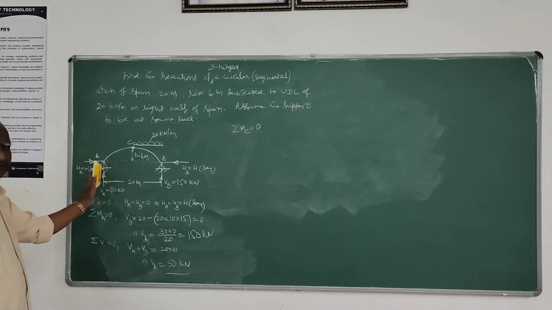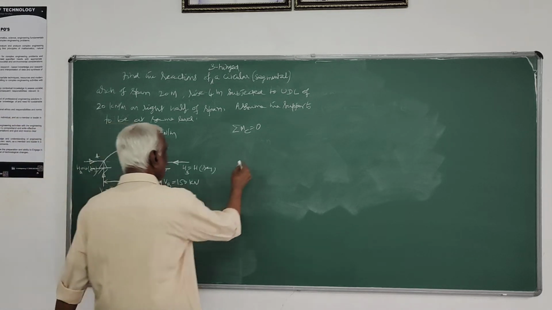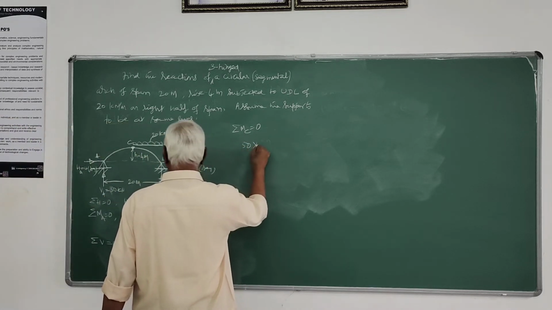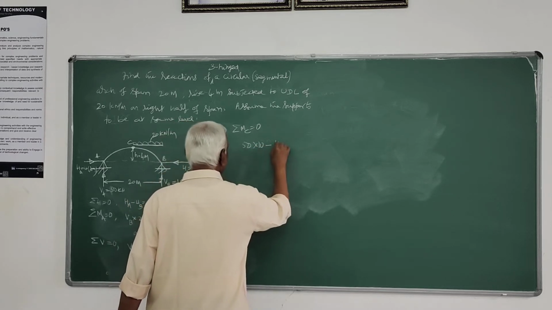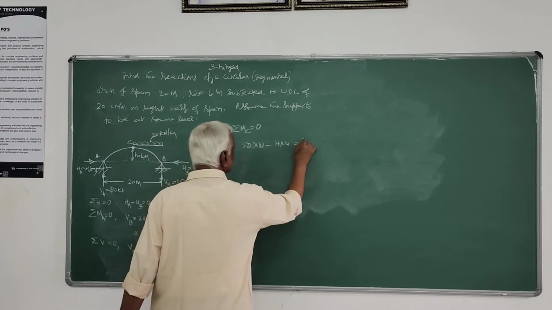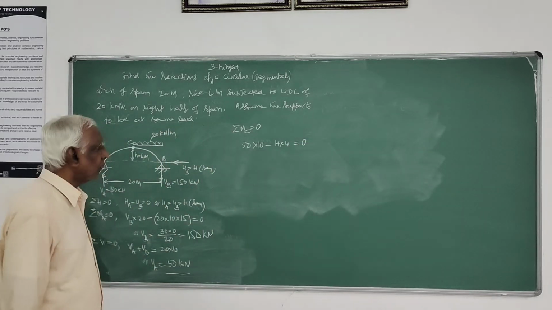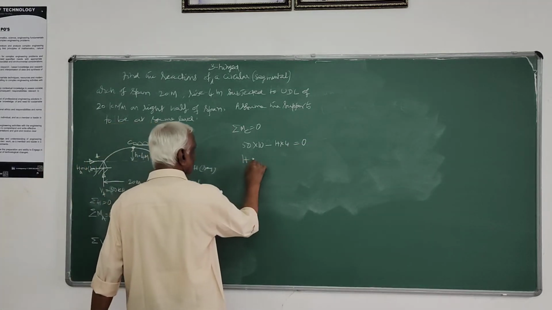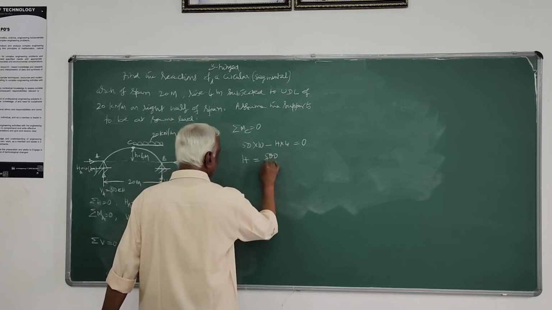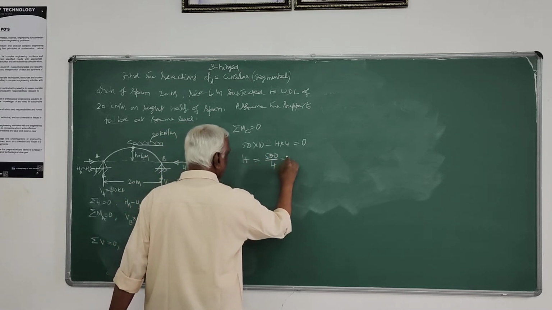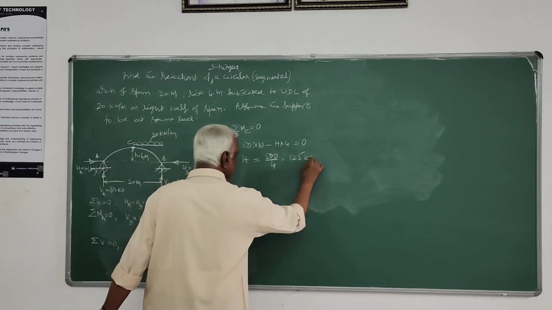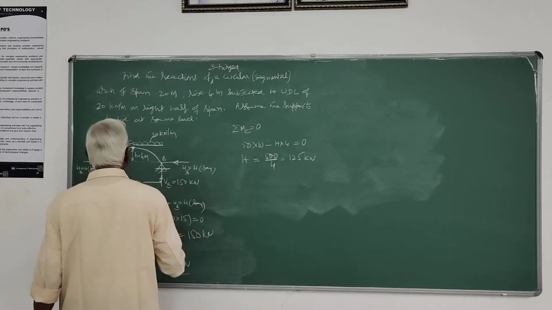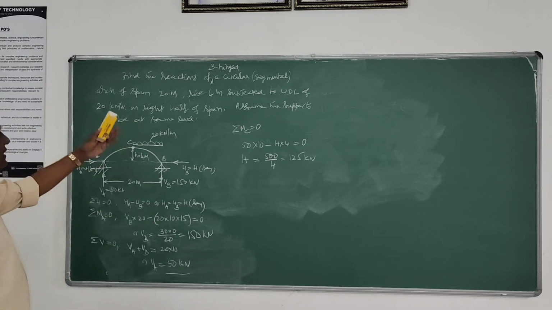You take the left part, it is easier. So you will have 50 into 10, minus H into 4, equal to 0, or H is equal to 500 divided by 4, that is 125 kilonewtons. That's all.